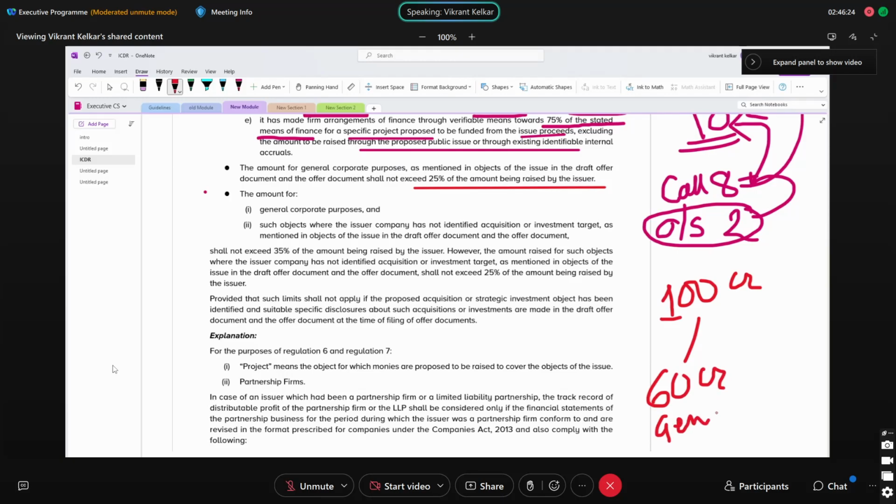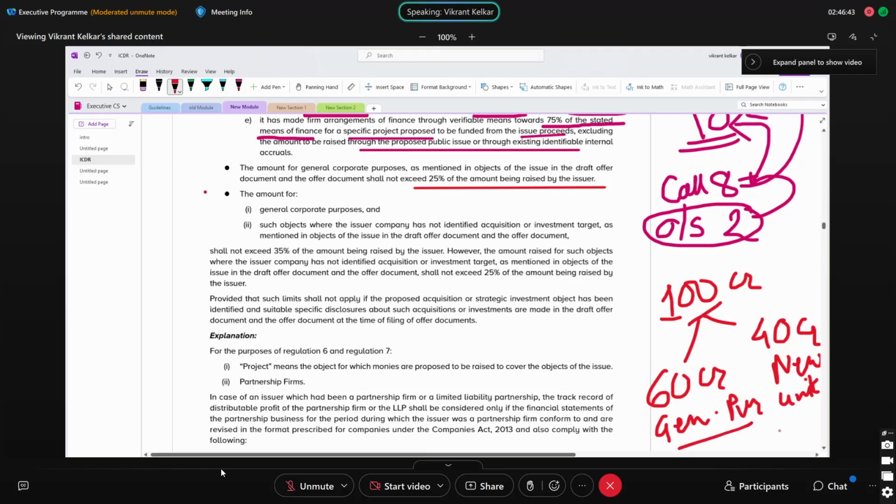To run the company normally, for general purpose, how much do I need? 60 crore, and 40 crore are required for the sake of starting a new unit. This might be the requirement of the company, that we are in need of 100 crore, 60 crore for general purpose and 40 crore for the new purpose. Can that be possible?